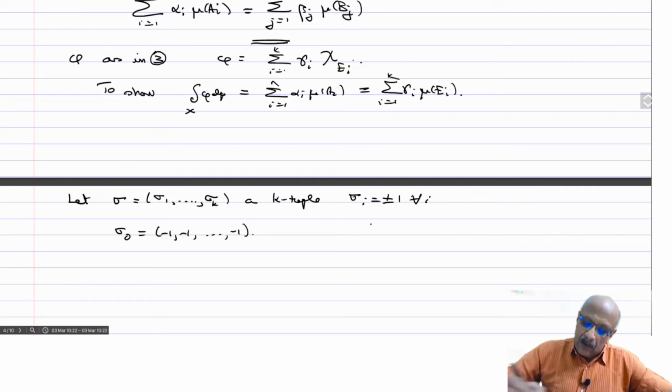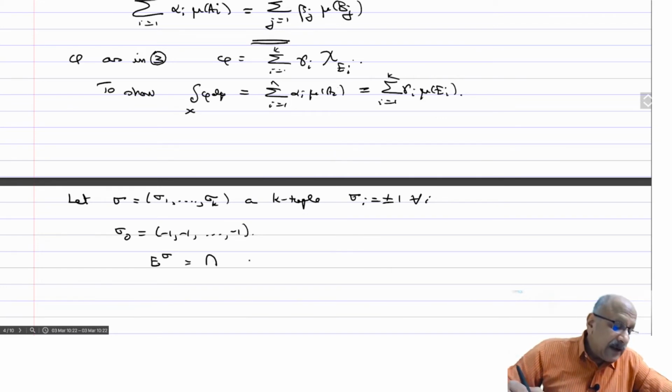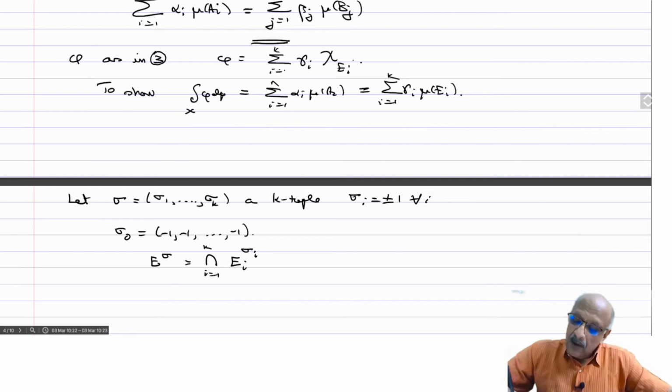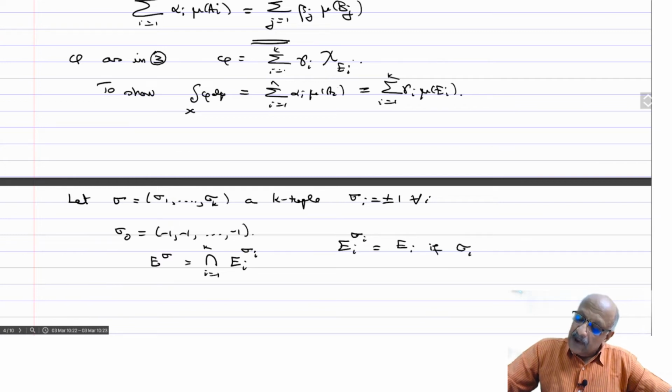Now we define E sigma as the intersection over i equals 1 to k of Ei sigma i, where Ei sigma i equals Ei if sigma i equals plus 1, and Ei complement if sigma i equals minus 1.